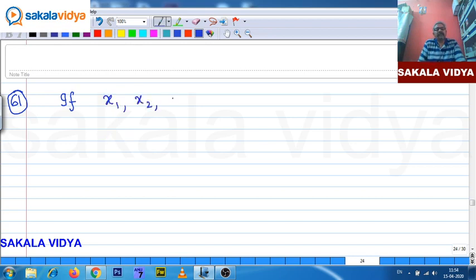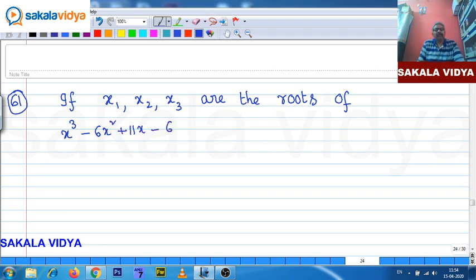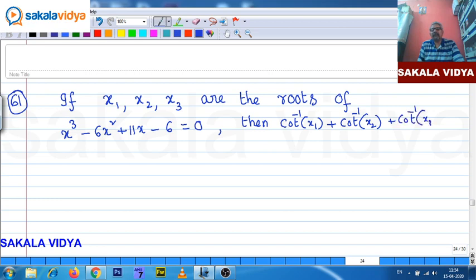If x1, x2, x3 are the roots of x cube minus 6x square plus 11x minus 6 equals to 0, then cot inverse of x1 plus cot inverse of x2 plus cot inverse of x3 equals to how much?